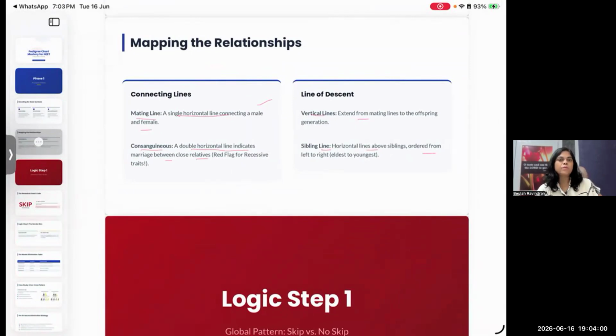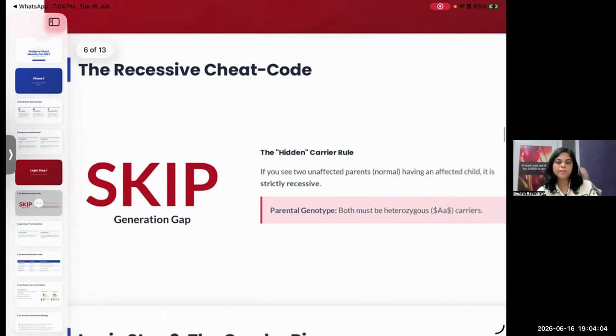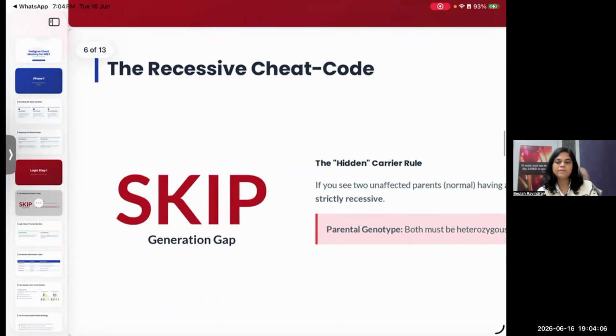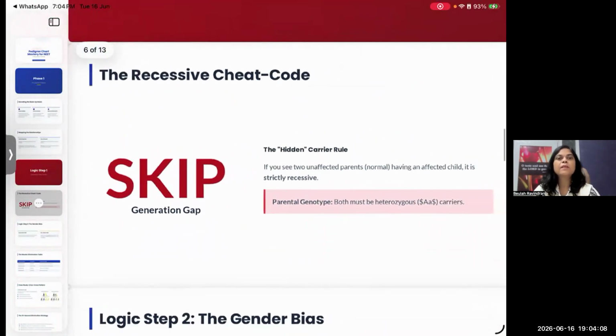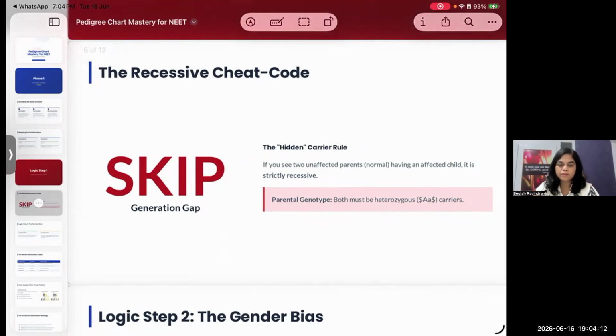So I told you there are 3 steps. First, you must know the recessive cheat code: the hidden carrier rule, or the skip generation gap.